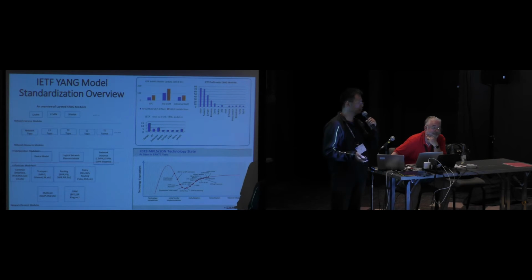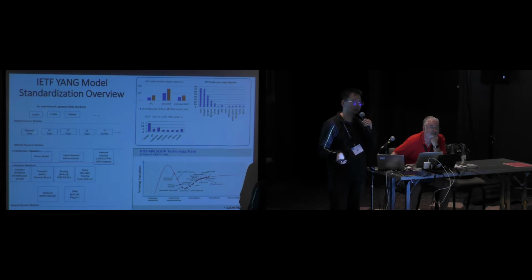Right now in IETF, more than 260 YANG data models have been developed, in more than 50 RFCs, including 80 YANG data models. We also see more than 100 YANG data model working group items proceeding in IETF.